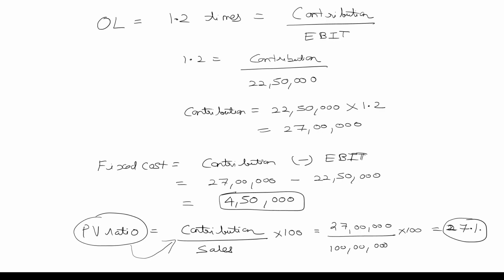With this, let's conclude our discussion on leverages. We have done 6 problems. The first problem was an introductory problem where we discussed in detail and understood operating, financial and combined leverages.